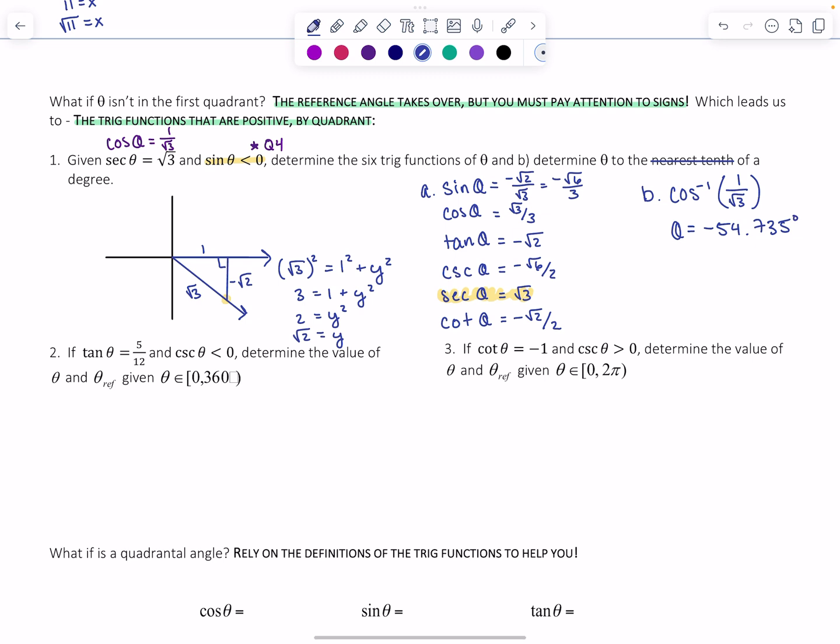But we want to put this in standard position. So we're going to take 360 minus that, meaning that we get to the actual 305.264 degrees. So just making sure that you're putting that angle in standard position, because we're moving this direction. We're not just working with our reference angle there.